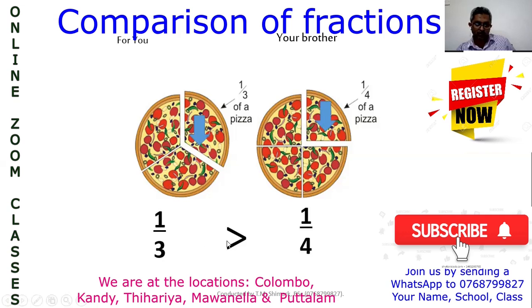Always when you are using greater and smaller, the greater side is the open mouth. See, the mouth is open, so that side. Sometimes some students get confused about which side it is. You know that 1 over 3 is bigger, but you may go wrong when you are writing. So always remember that the open mouth is the greater side, right?